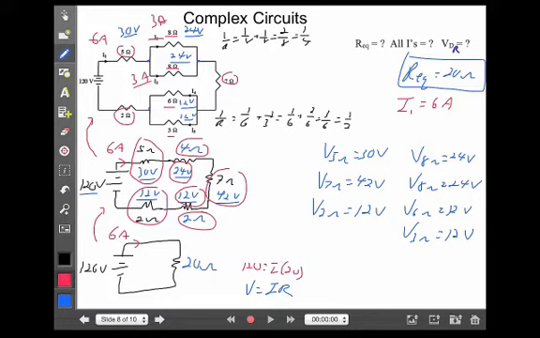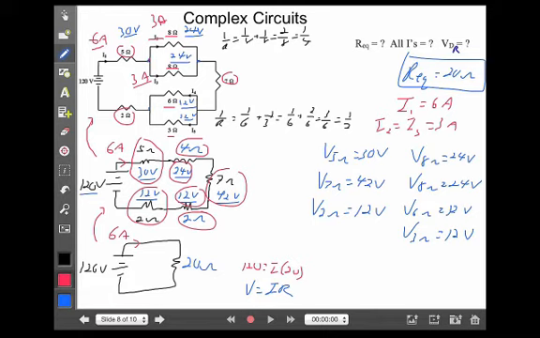Now let's look at why that makes sense. Remember how we started with 6 amps and it hit a junction? It has to split up and those two have to add up to 6. So 3 and 3 is clearly 6. And they should be the same current because they have the exact same resistance. So now we know that I2 and I3 are both 3 amps.